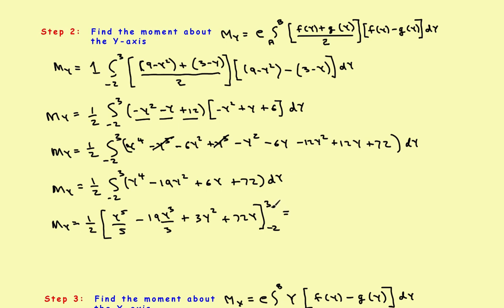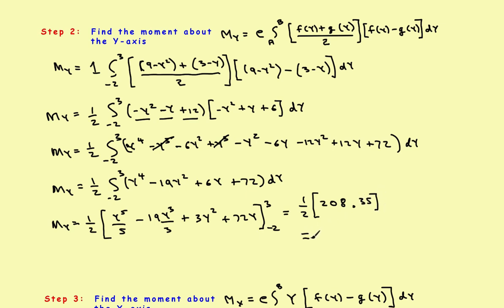Okay, now I'm going to do the same thing I did last time. I'll let you plug in the 3 and then subtract, plugging in the negative 2. And then remember, multiply the whole thing by 1/2 when you get finished. And when you do that, you'll come up with this. This would be 1/2, and that integral will turn out to be 208.35.